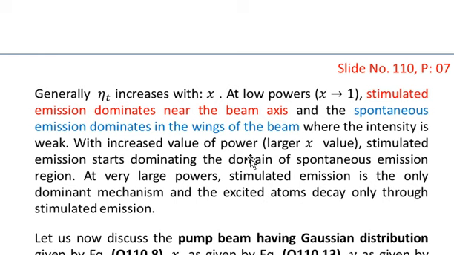With the increased value of the power, that is for larger value of x, stimulated emission starts dominating the domain of the spontaneous emission region at very large powers.